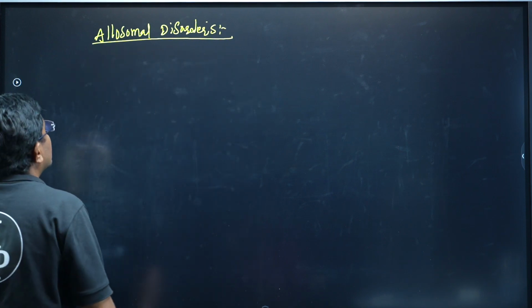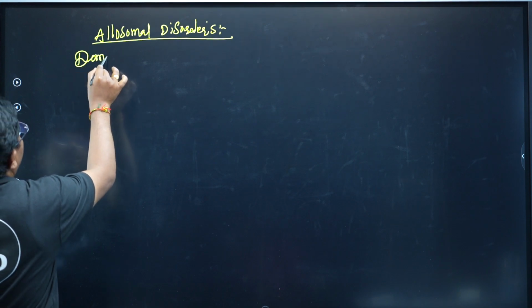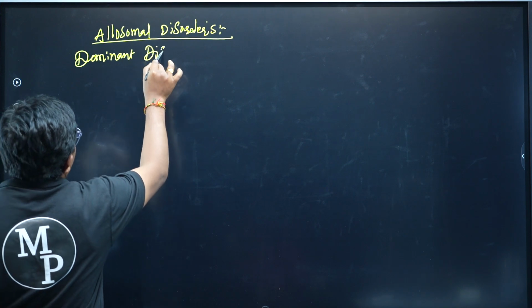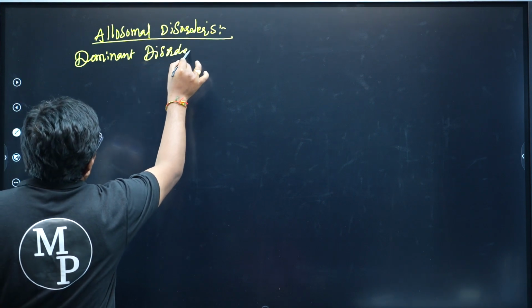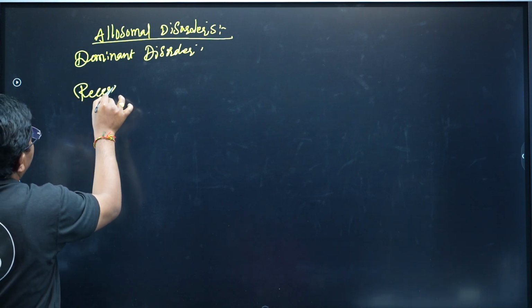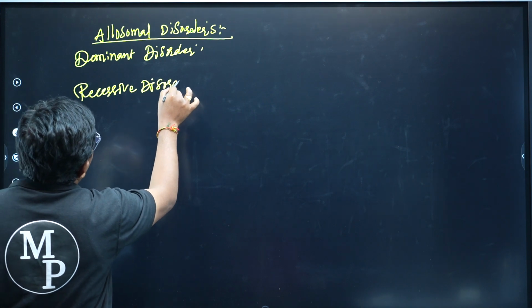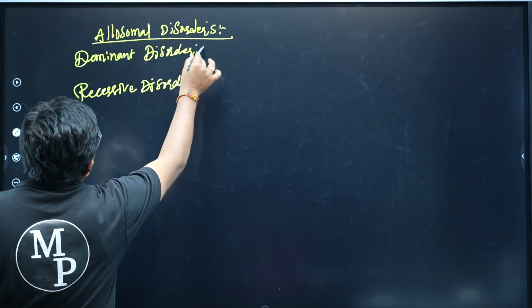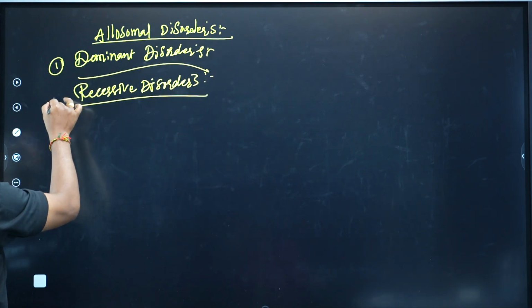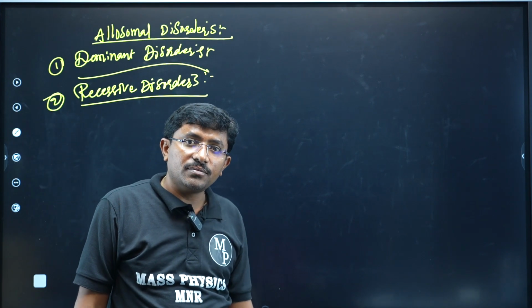Allosomal disorders are also of two types: dominant disorders and recessive disorders.